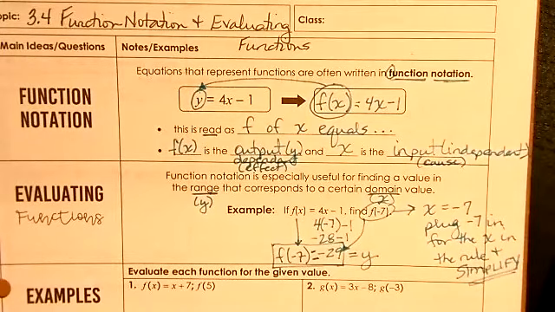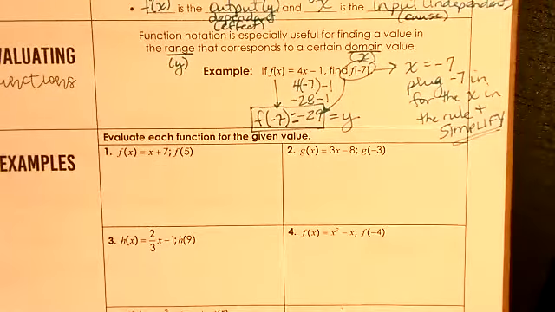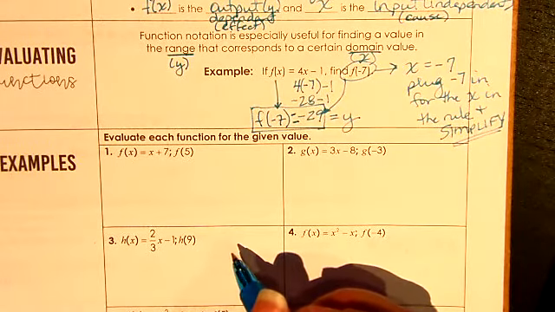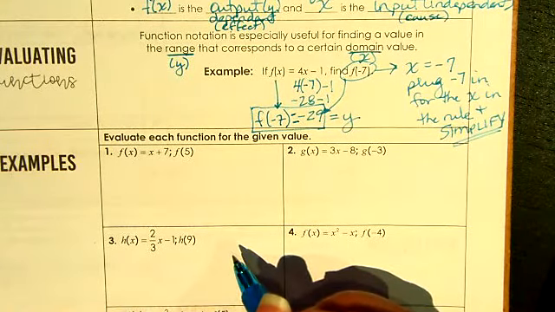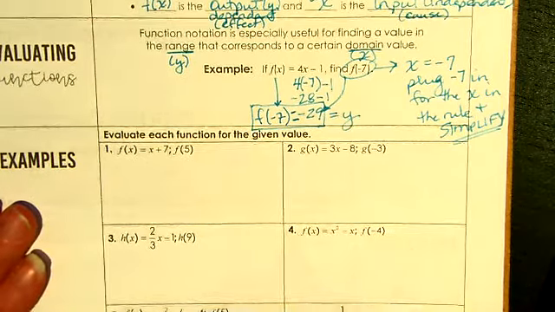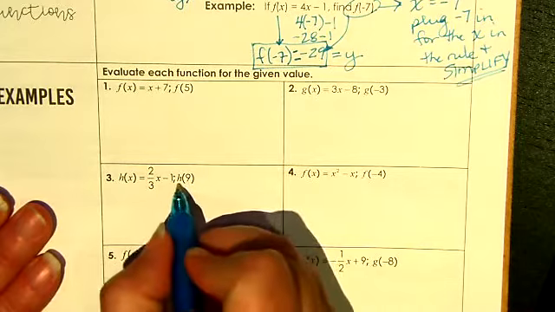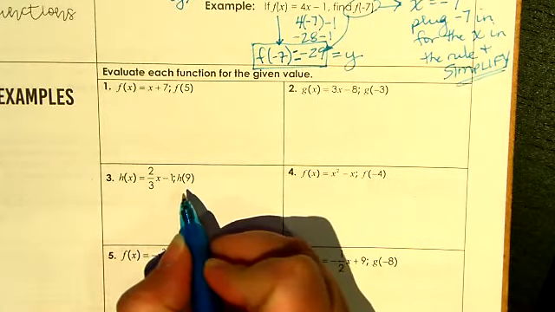Okay, let's work a couple of examples now. We'll start with number 3. We're just plugging in. It says h of, that's still function notation.